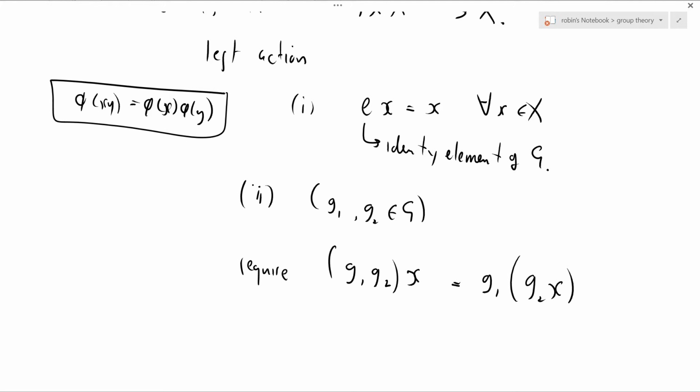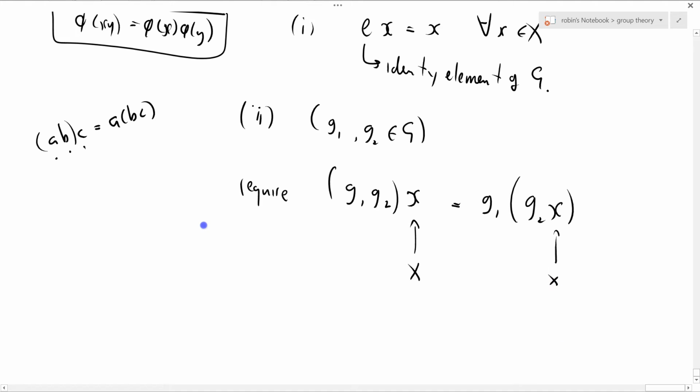So this looks like associativity, but it's not. Associativity is this: (ab)c = a(bc), where a, b and c are all on the same footing. Here, this fella is in X. Okay? So what have we got?